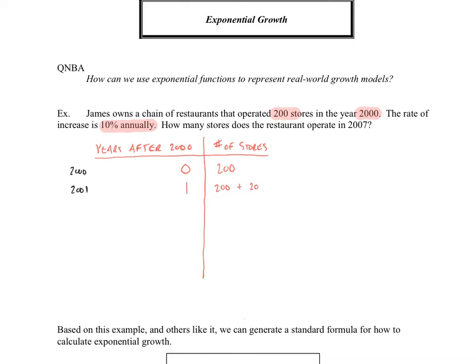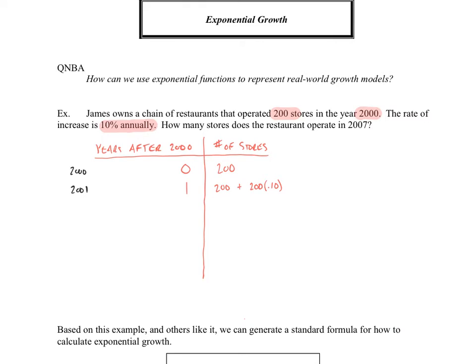So he has 200. He's going to add to that 10% of 200. So let's break this down. We've got his original 200 stores, and then he added 10% of that 200 to it. So this would be the 200 stores plus the 200 times 0.1, which would be 10% of that. Now, instead of calculating that number right now, because we don't really care how many stores it was in 2001, we're going to see how this pattern starts to form over the years.